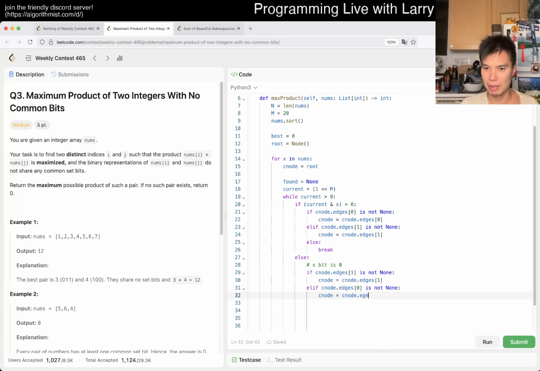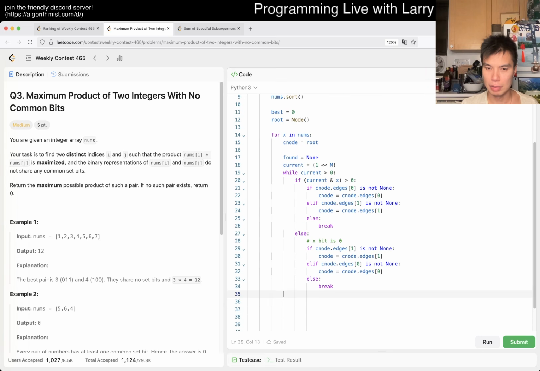I could probably write this in a for loop, but I always feel like this is a little bit better. Okay, so then now, we went through everything, meaning if current is equal to 0, then we have found it. Well, I guess the found doesn't do anything actually.